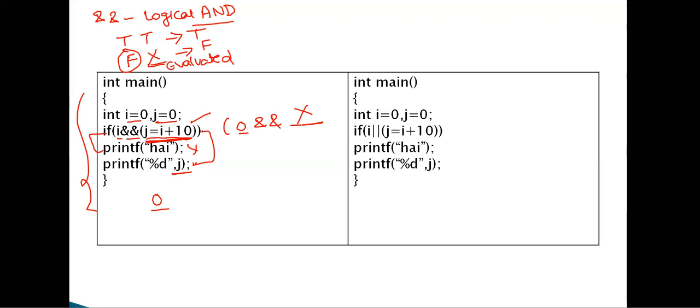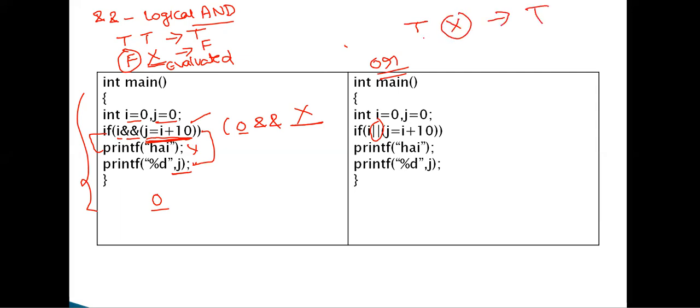Exactly the same program, but instead of the logical AND operator, here I am using the logical OR operator. What is the difference between those two? In the logical OR operator, if at least one is true, the result is true. And along with that, one more property is, if the first expression is true, the second expression is not evaluated.